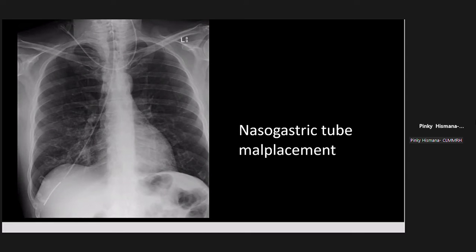Meaning, instead of going through the esophagus to the stomach, the tube went through the pharynx, then to the trachea, toward the right main bronchus, and ended up piercing into your right lung. So this is actually a displaced nasogastric tube.